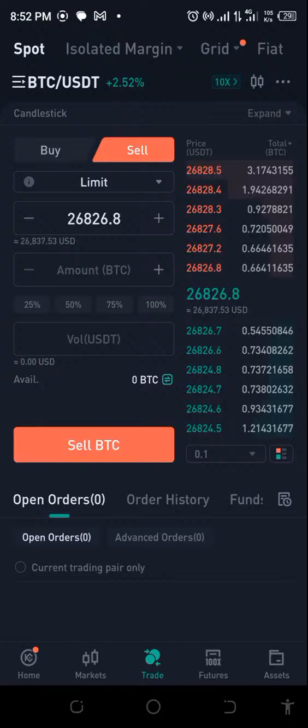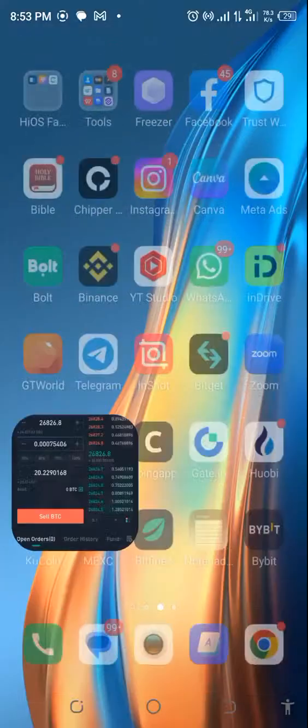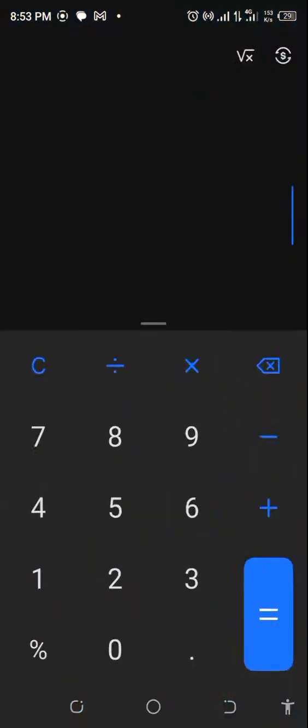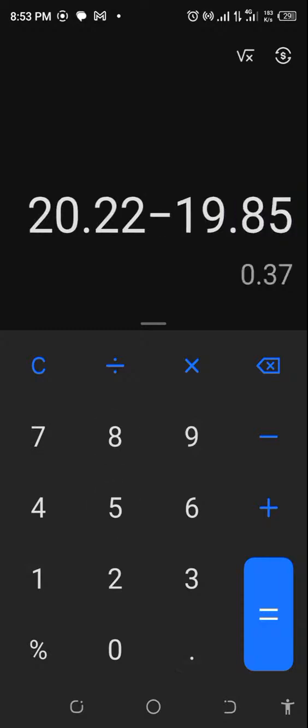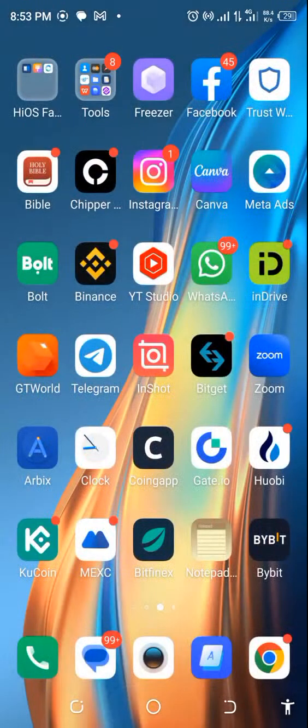Let's sell it sharp, sharp. Let's put that one in there. Okay, so we get 20.22. Wow, let's go check what that is in calculation. That's 20.22 minus 19.85. Wow, that's 37 cents. Interesting. And don't forget, we have to subtract the transfer fees, but we'll go check that right away now.